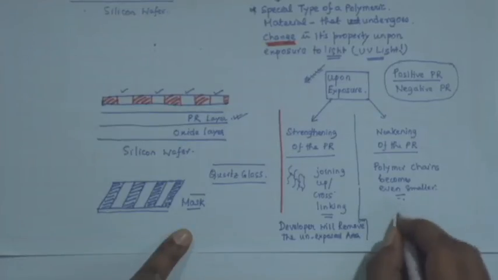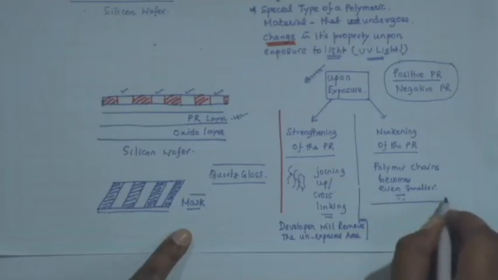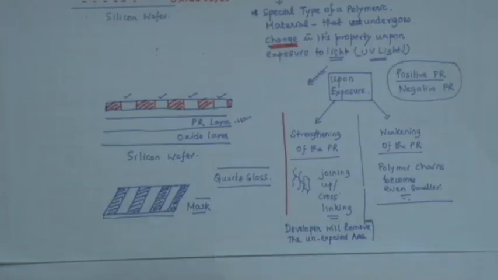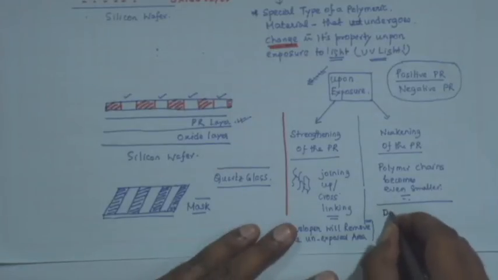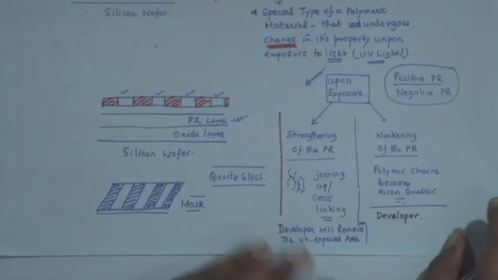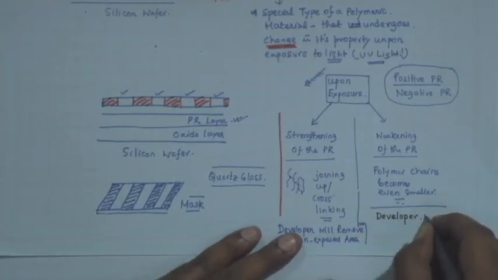In contrast, if upon exposure the photoresist has weakened due to chain scission or whatever, then the developer is going to remove the exposed areas.